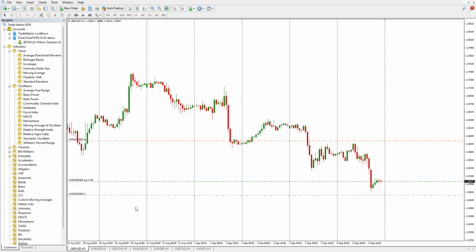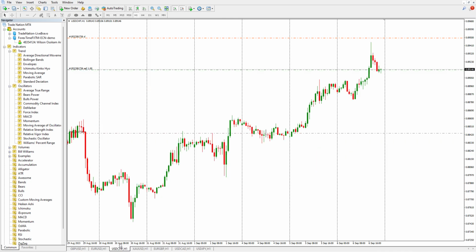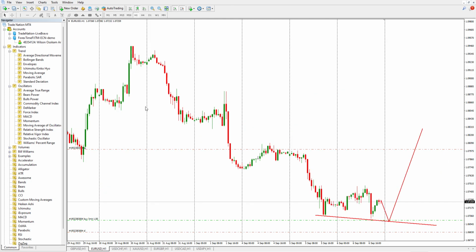But other than that, instead of entering one position, what you can do is enter multiple positions. So I am selling USD JPY here. I can click on another sell actually.